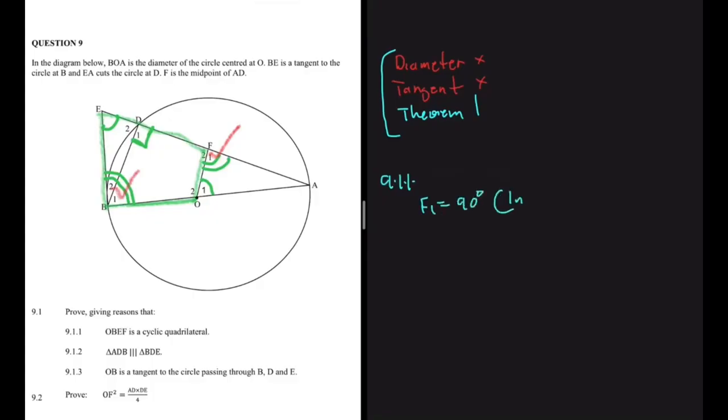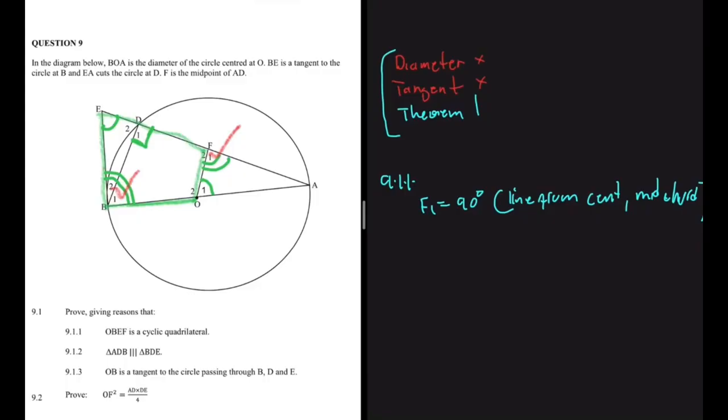We have a line from the center to the midpoint of a chord, so that angle there should be 90 degrees. But then we need the entire angle B to also be equal to 90 degrees. And then we will have proved that OBEF is a cyclic quadrilateral.